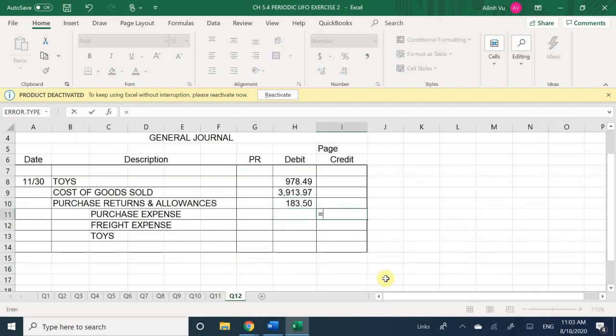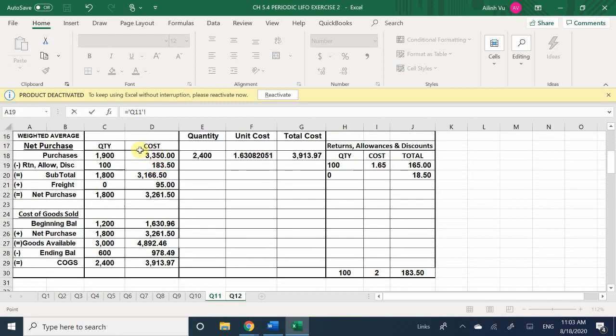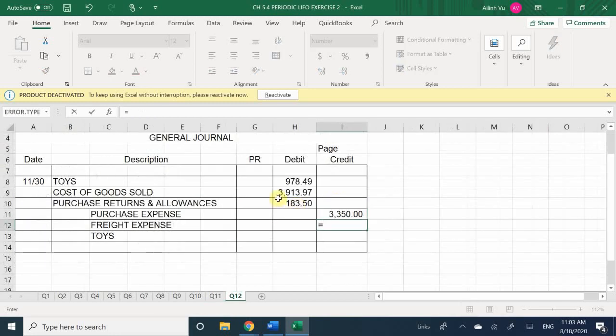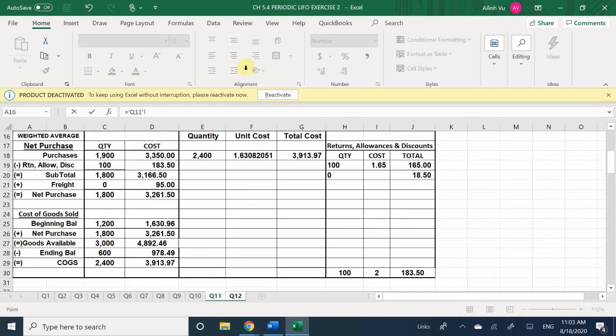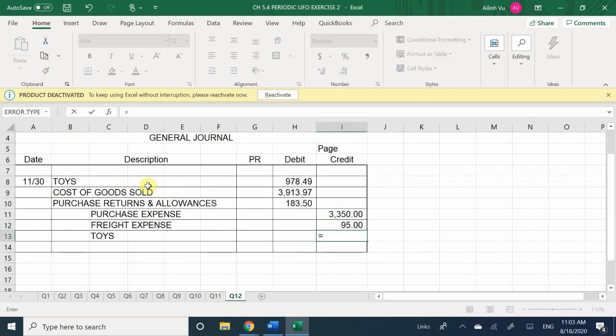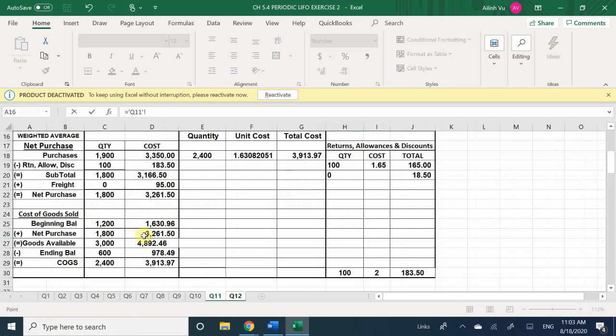And then what is my total purchases? 3,350. Correct. And what is my total freight expense? 95. And lastly, what was my beginning inventory? 1630.96.